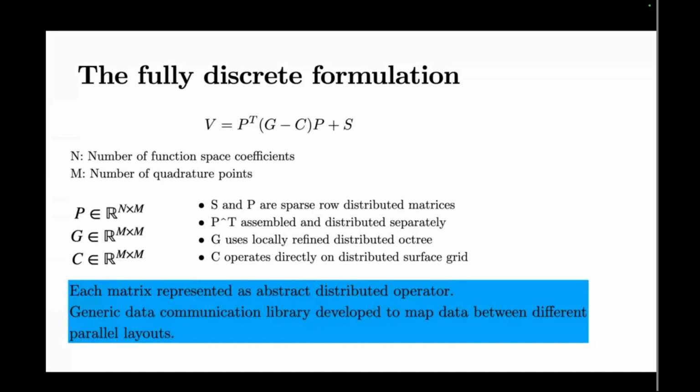If you look at this, all of these matrices have different parallelization patterns, and we use individual parallelization patterns for each one of them. Then we rely on a quite efficient library for ghost communication and mapping between different parallelization layouts so that we can effectively handle this whole thing.